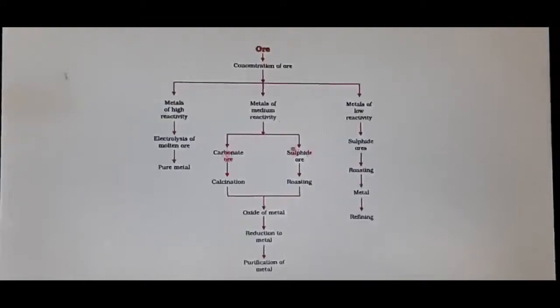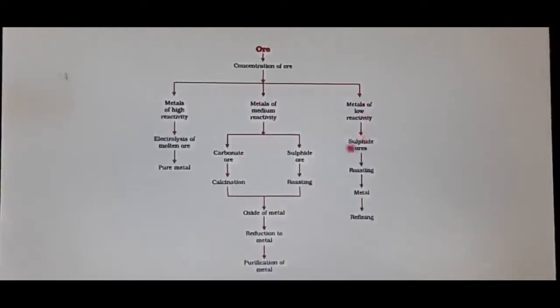Carbonates and sulfides are converted into the oxide of the metal through these processes, calcination and roasting. Then this oxide is further reduced to the metal, and afterwards the metal is purified. This is about the metals of medium reactivity, the metals which are moderately reactive, not very highly reactive. Then these are the metals of low reactivity.